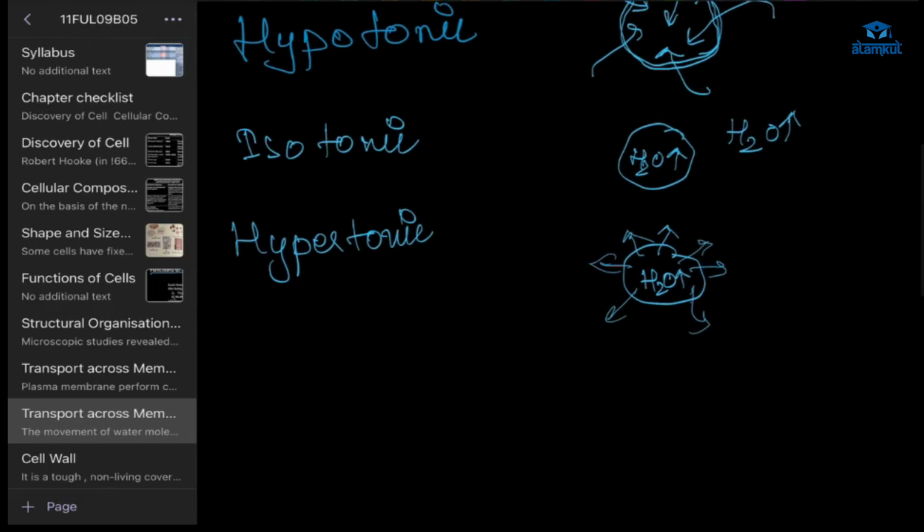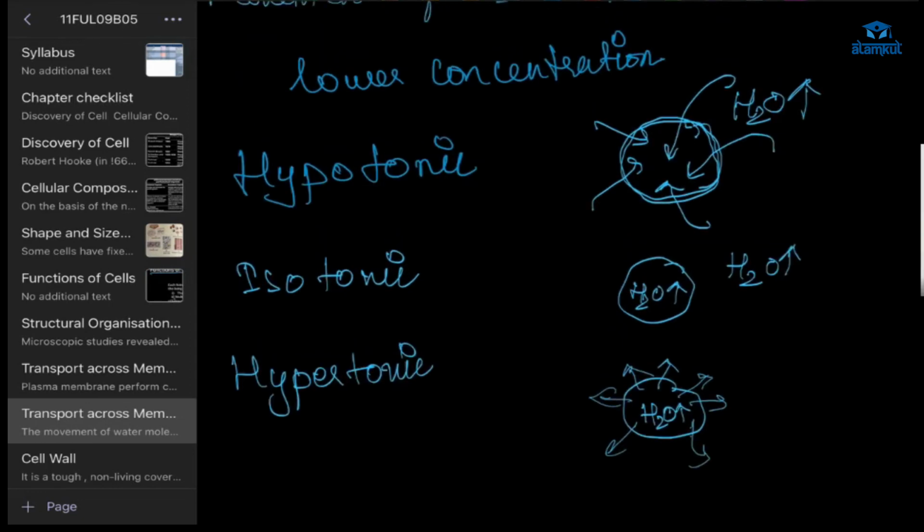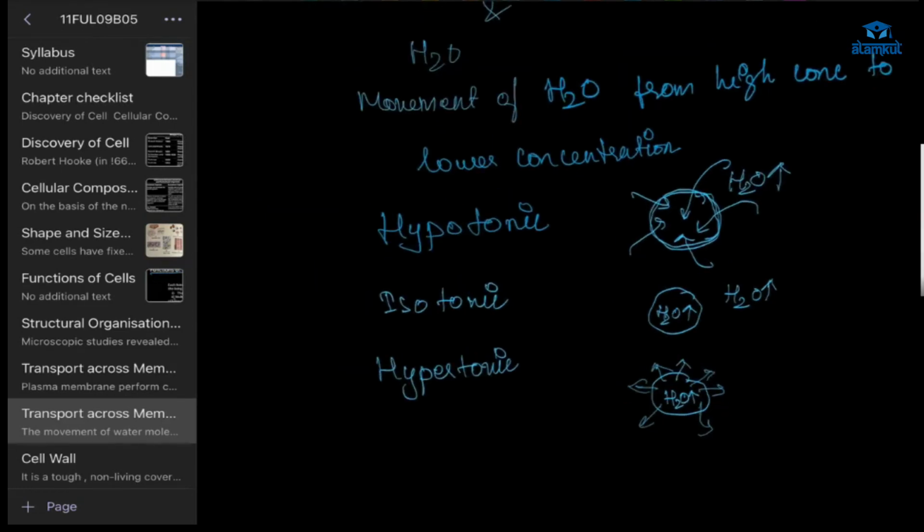It will become smaller. So what is osmosis? Movement of water from higher concentration to lower concentration through a semi-permeable membrane. That's all. This is osmosis. Everyone understood? Yes.